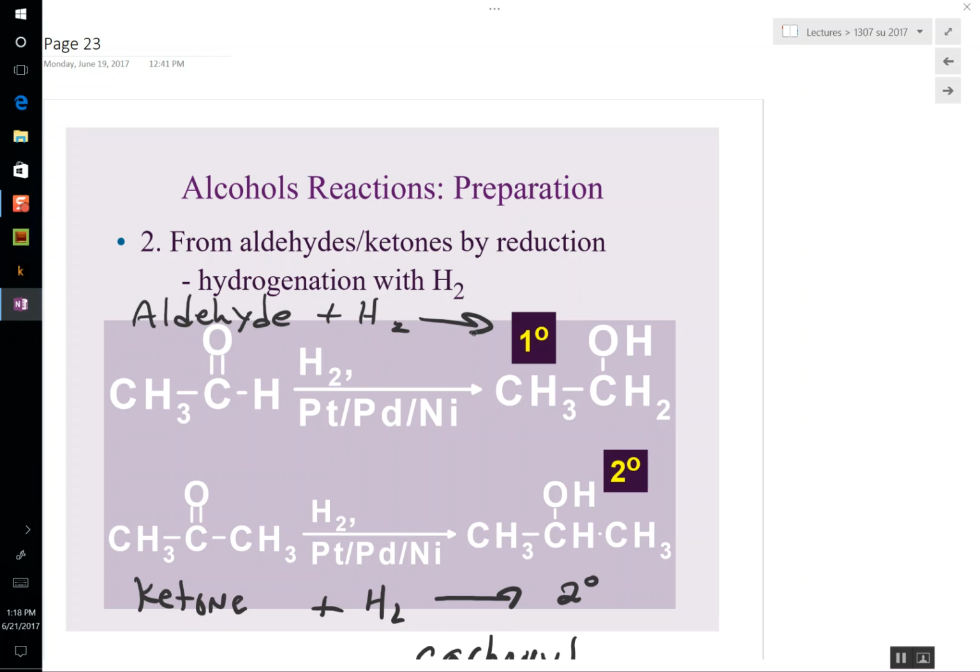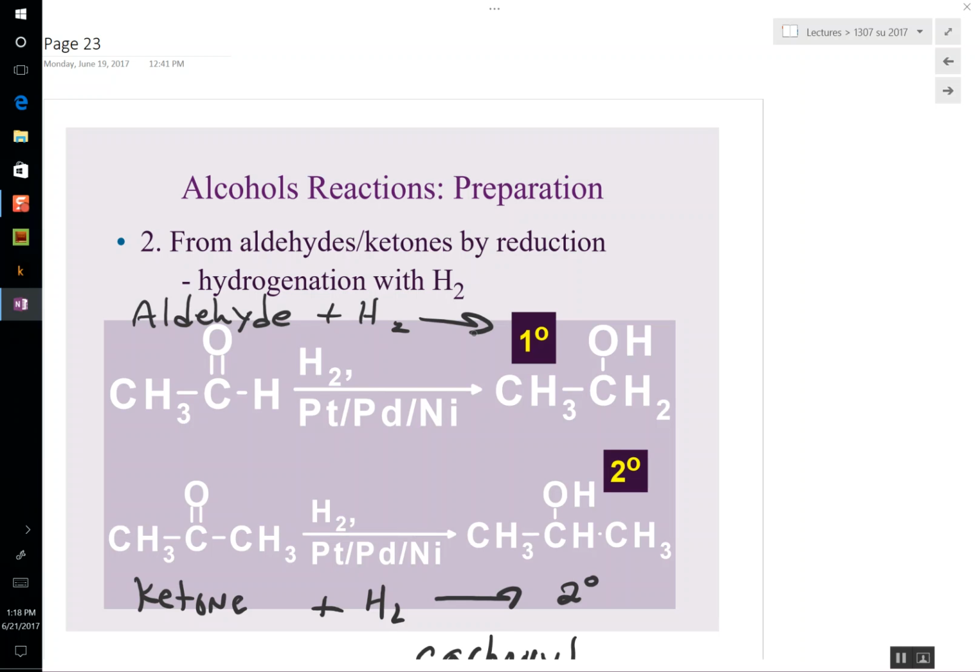Stays right where it was to begin with. Likewise with the ketone. We're going to add a hydrogen right here and get rid of that bond right there, but that oxygen isn't going anywhere. It was on the second carbon to begin with. It's on the second carbon in the product.